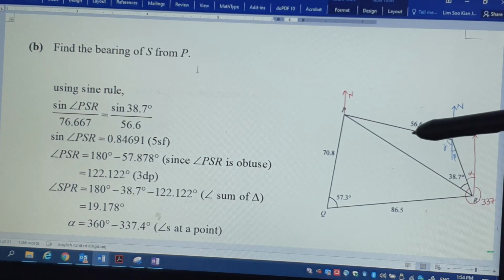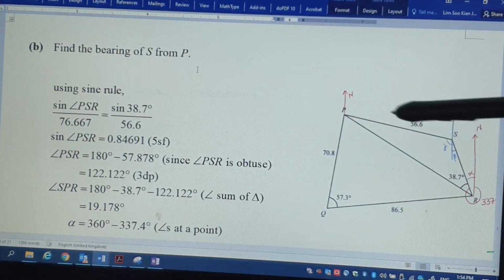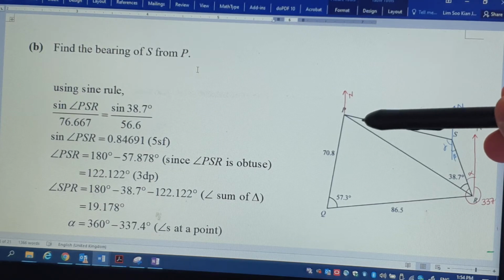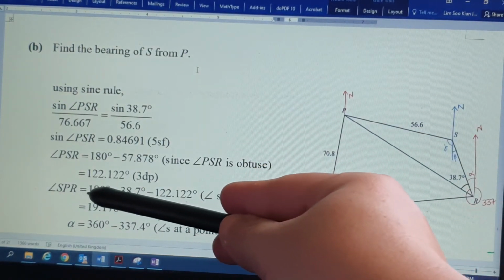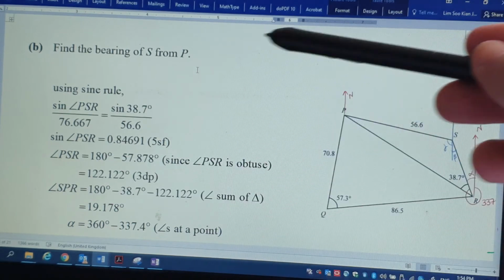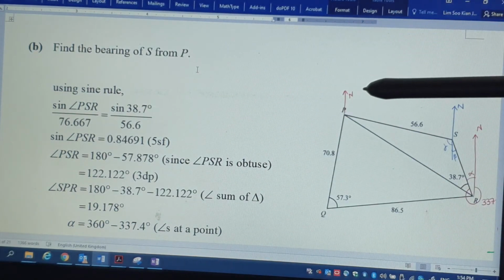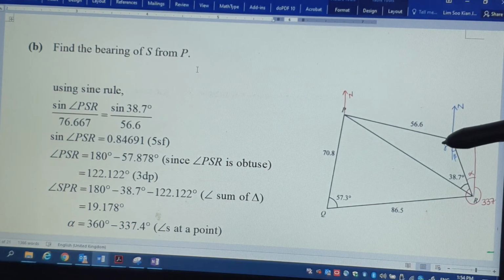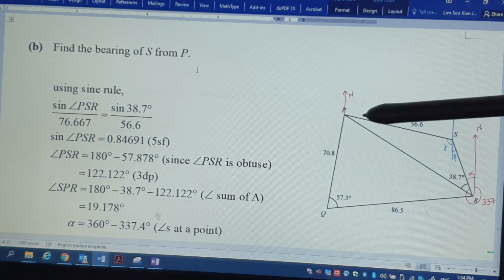So what we have done is we go and find SPR first. There, SPR. I go through step by step. We are trying to find this angle Y, so that we can take 180 minus this whole thing to get this one. Why must we find this?